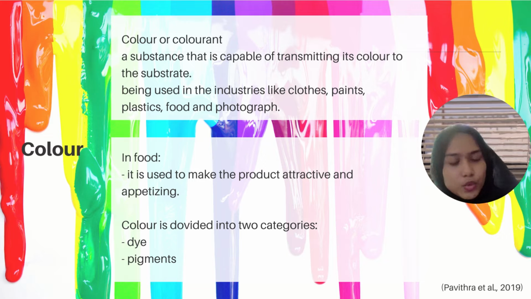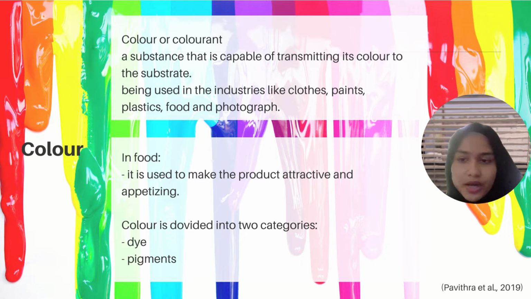Colors can be used on their own or in conjunction with other ingredients to change the color of the final products. Due to the visual perception of colors that is caused by the absorption or reflection of visible light, it will help to make the final product look more appetizing and attractive.